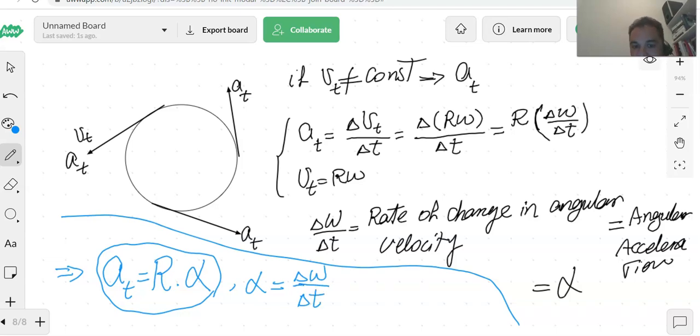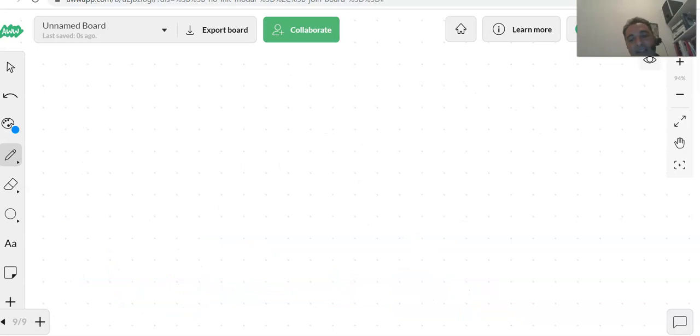Correct? Then what is the unit of alpha? It will be radians per second divided by second, so radians per what? Second squared. Correct? Therefore, I can say this.